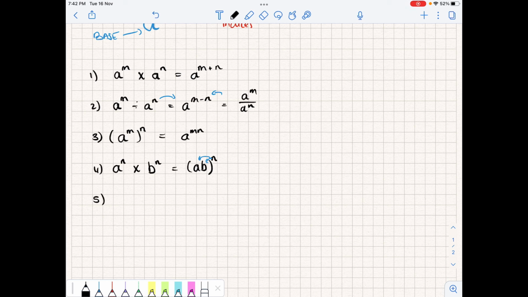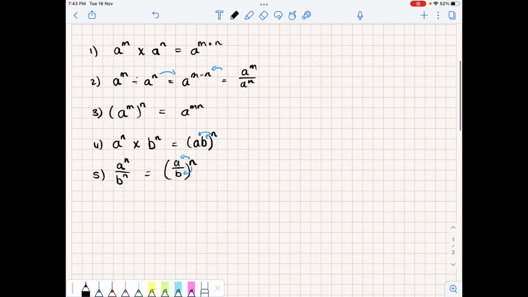And in exactly the same way, if we have a number raised to a power divided by another number raised to the same power, we can simplify that as the numbers divided by each other raised to the power. Okay, again, coming from the laws of distribution, where this would have had to be distributed to both numbers.